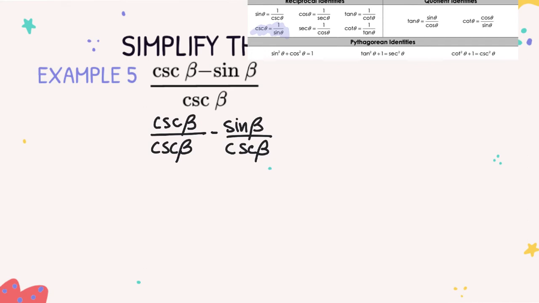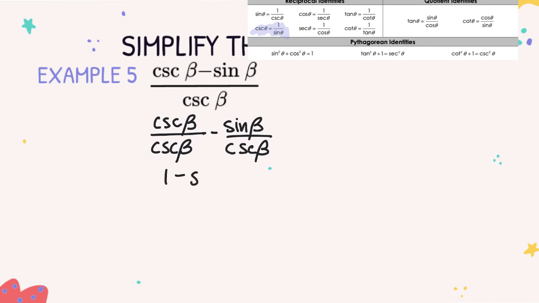And let's see, cosecant beta over cosecant beta is just 1, because they cancel.